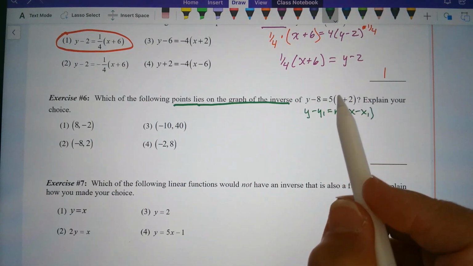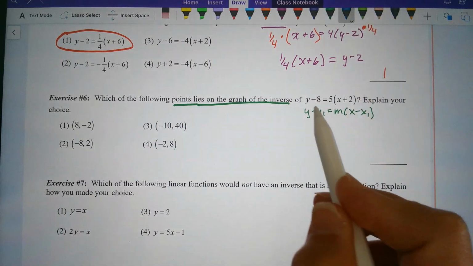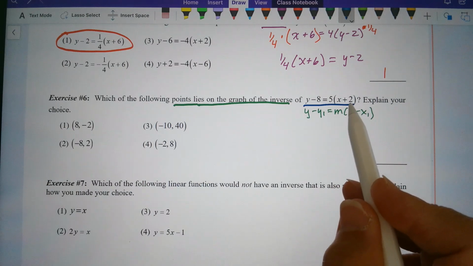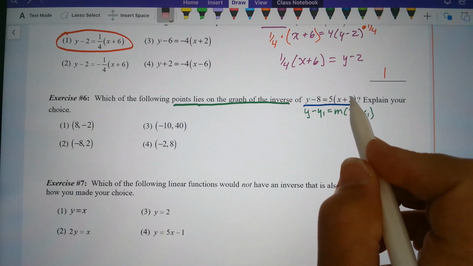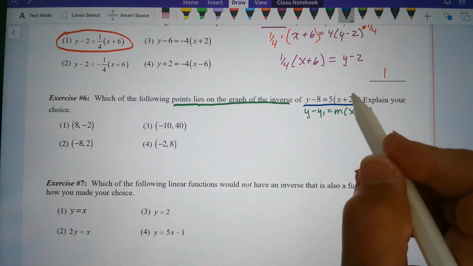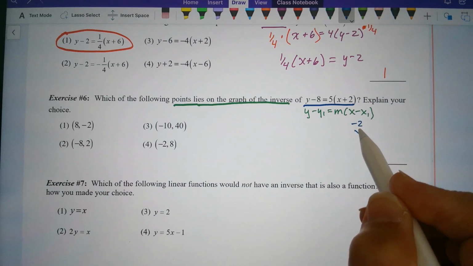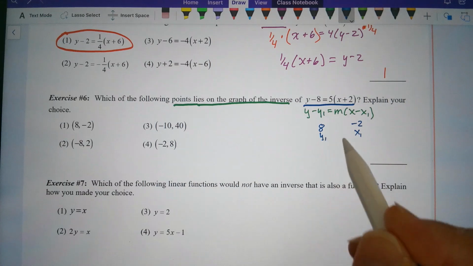A point that lies on this line: negative 2 would be our x sub 1, and 8 is our y sub 1.